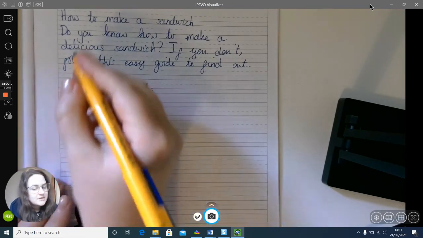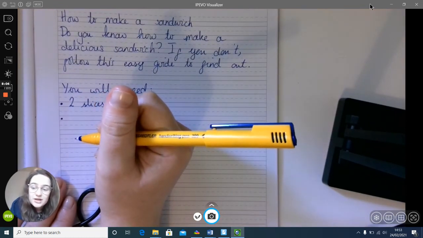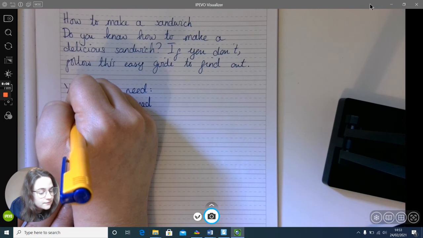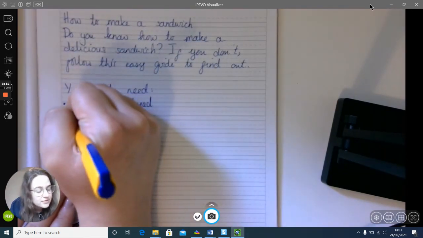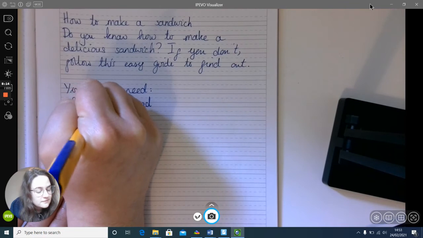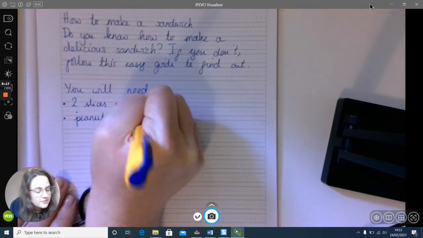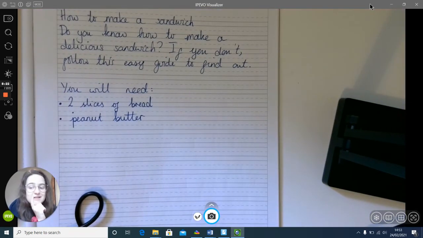I'm not sure how much peanut butter I would need, but I can put... We could use 1 jar of peanut butter, couldn't we? Perhaps that would be too much peanut butter. I'm just going to write peanut butter because I'm not sure how much peanut butter this person might want in their sandwich. It's up to them, isn't it?